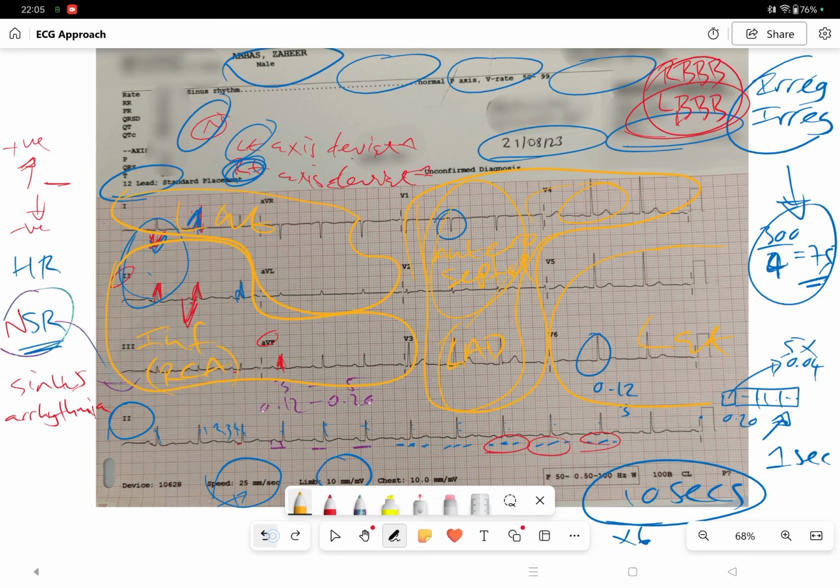I'll undo those so that you can see. Now notice that this lateral aspect actually goes around, doesn't it? It kind of comes around here and then goes around like that. And that essentially is your left circumflex artery, because the circumflex artery goes around. So that's your left circumflex artery.